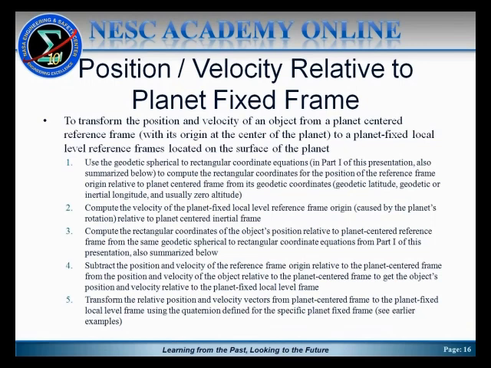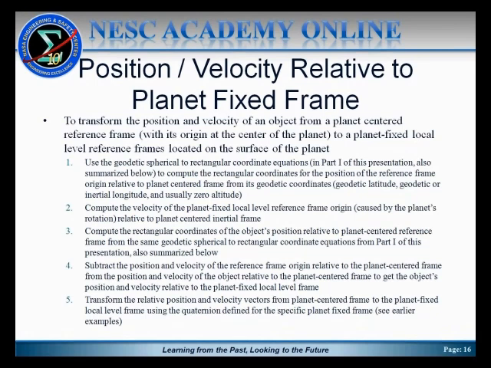You would integrate that to get the velocity in Earth-centered inertial frame, and then integrate once again to get position in Earth-centered inertial. But quite often you would like to know what's the position and velocity of that object relative to some planet-fixed frame, be it a local level frame as we discussed earlier, or some other frame of convenience for your particular application.